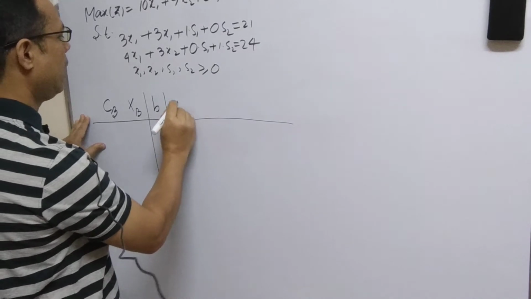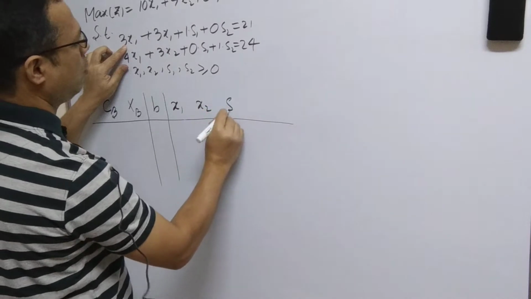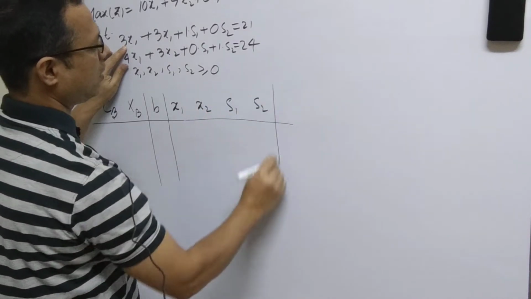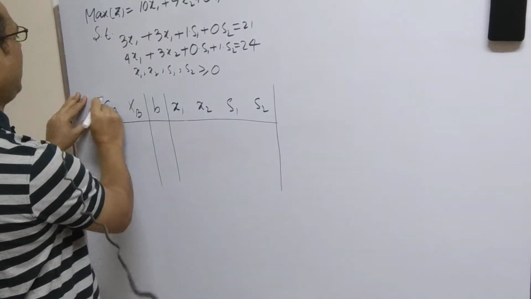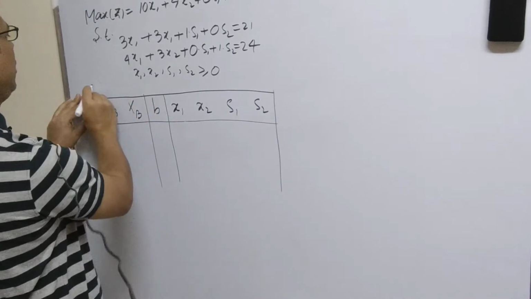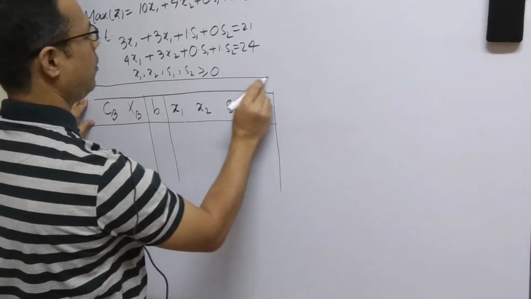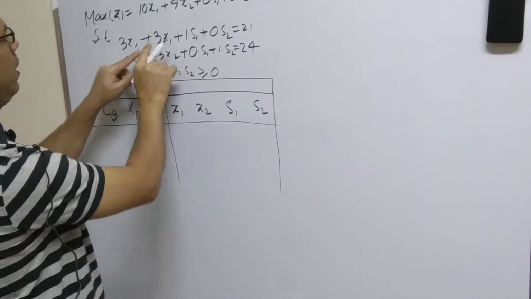Now, how many variables do we have? x1, x2, s1, s2. Just write them here. Then copy and draw a straight line to close this boundary. Now we have closed this boundary. Draw one more line to write the coefficients of the given objective function.